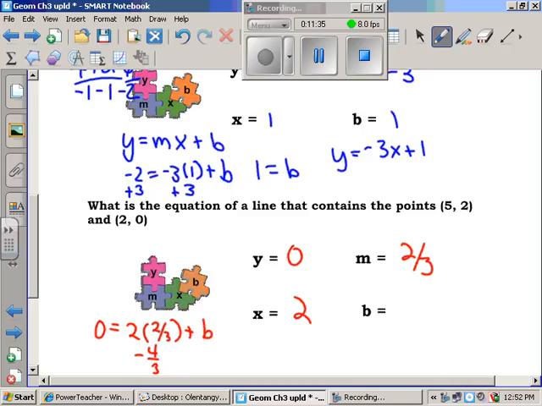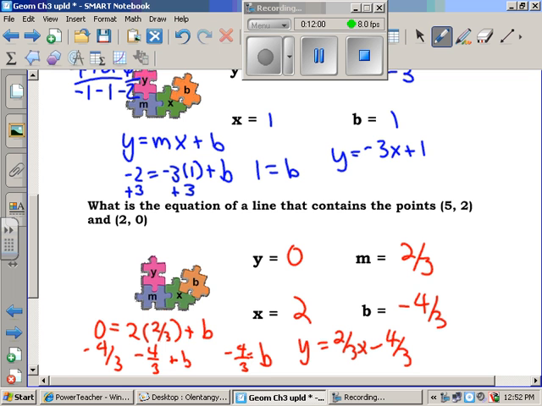Subtract 4/3 from both sides to get rid of the 4/3. And you get B is equal to -4/3. And so my slope-intercept form would be Y equals 2/3 X minus 4/3.